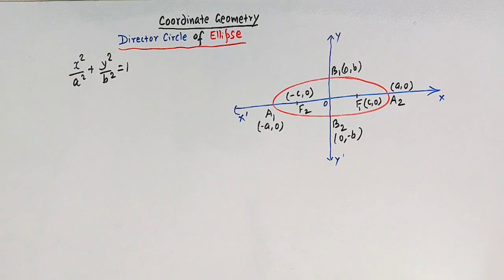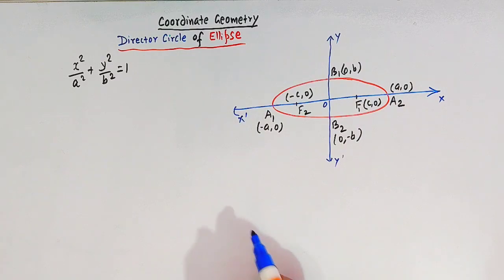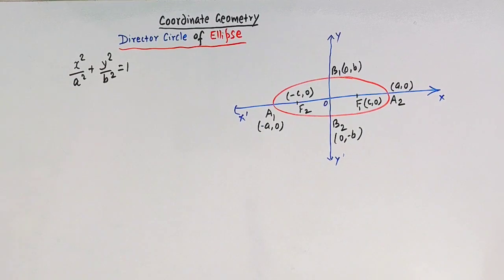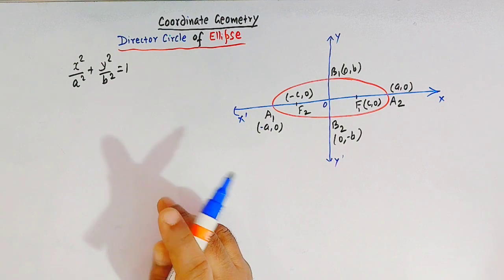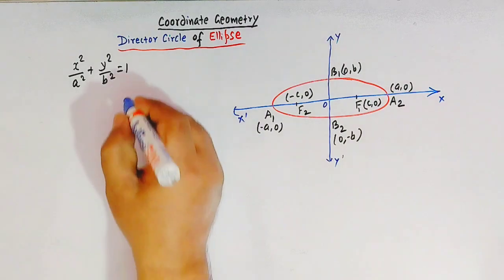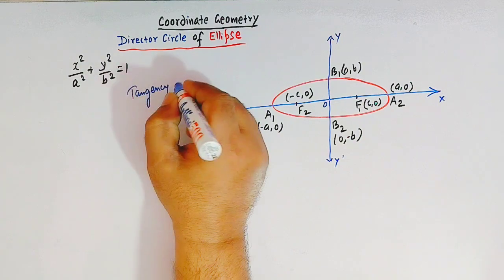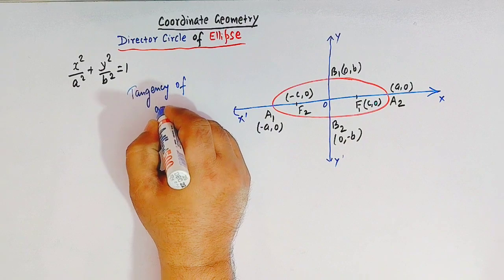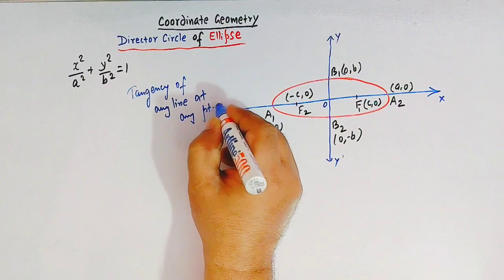Now we'll define the director circle of this ellipse. Let us see how we can define it. Before coming to the director circle of an ellipse, let us consider the concept of a tangent line to an ellipse, the concept of tangency of any line at any point on the ellipse.